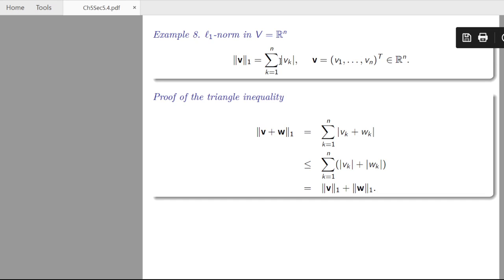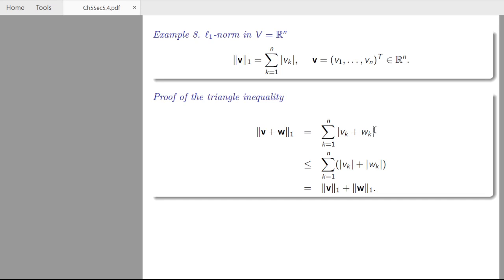Now let's concentrate on the third property, the triangle inequality. Take a look here: we put a subscript 1 here, which means we just take the power as 1. Then by the definition, the norm of v plus w equals the summation of the absolute value of vk plus wk.